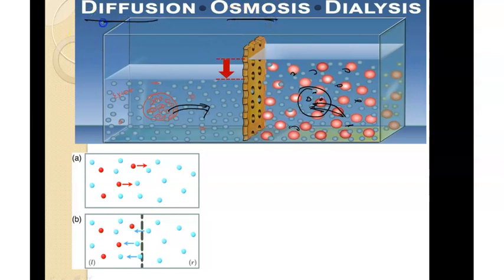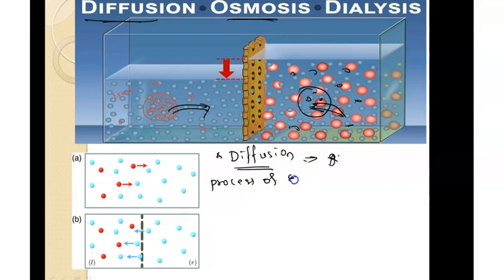And similarly diffusion. Let's take diffusion. Diffusion is also a kind of exchange. Here we are going to exchange gases. Let's write down the definition itself.